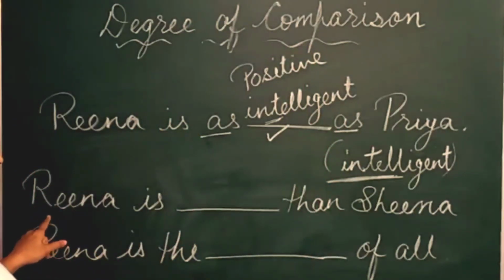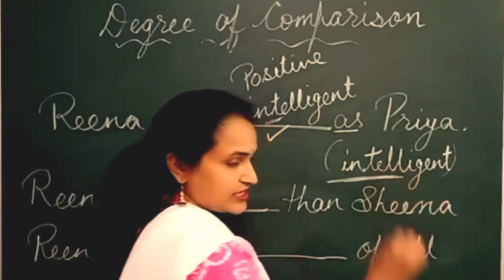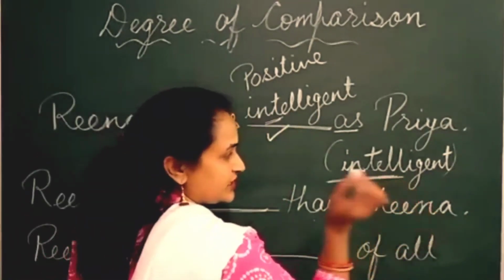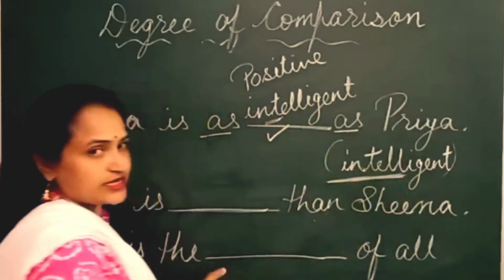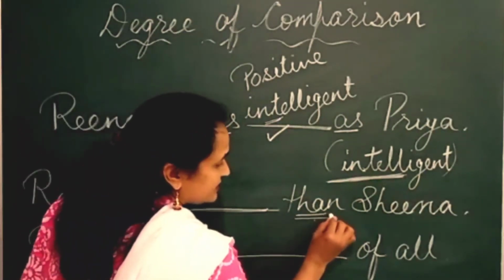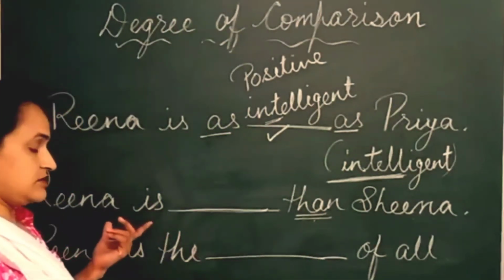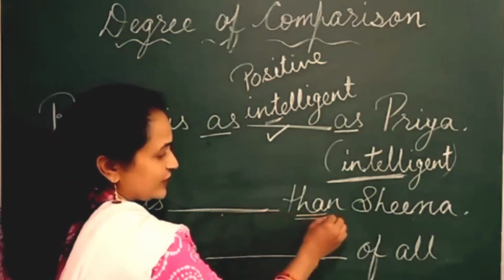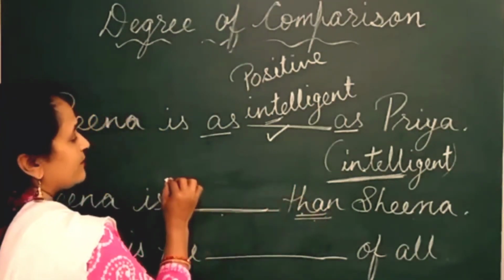Now look at the next example. Reena is fill in the blanks, then Sheena. Again we are talking about the same quality, the adjective, but after the blank here is written "then". Then is used to compare two nouns. So when after the blank comes "then", we always use the comparative degree.